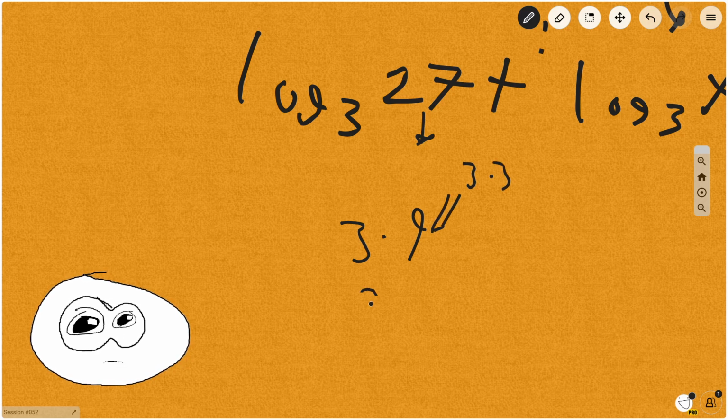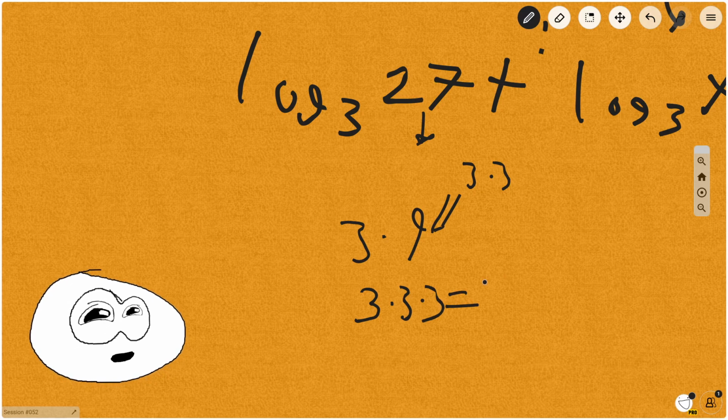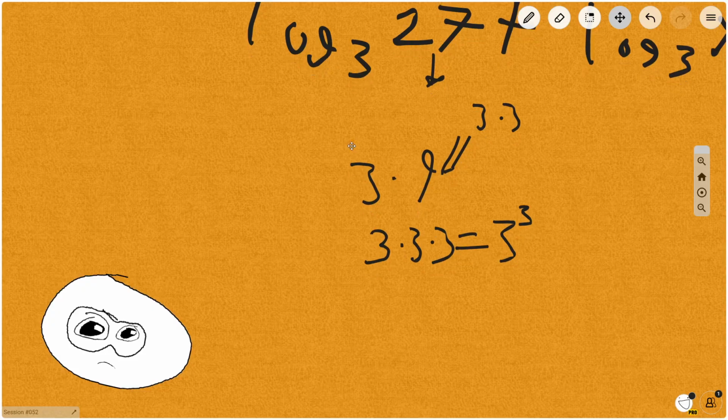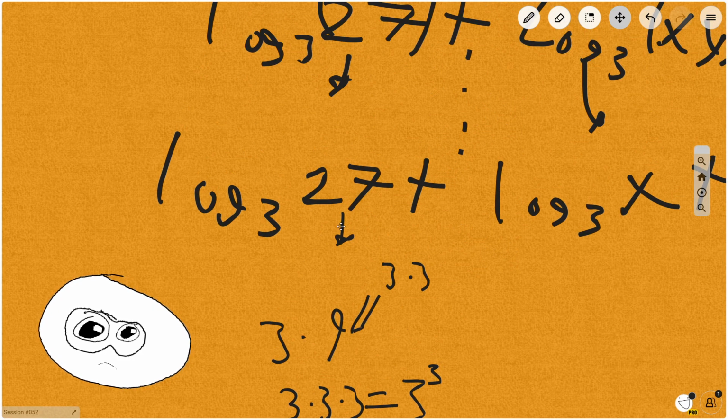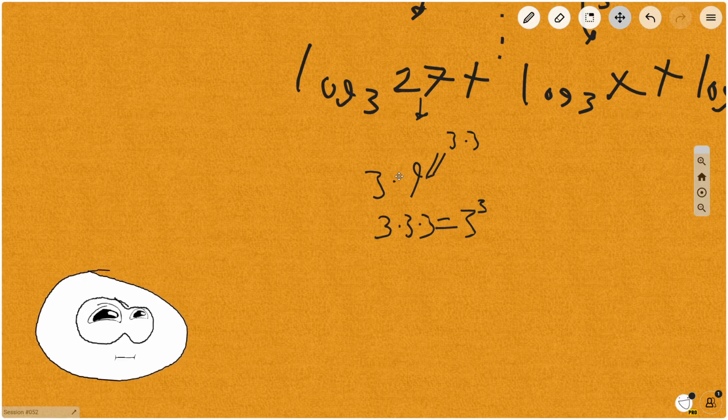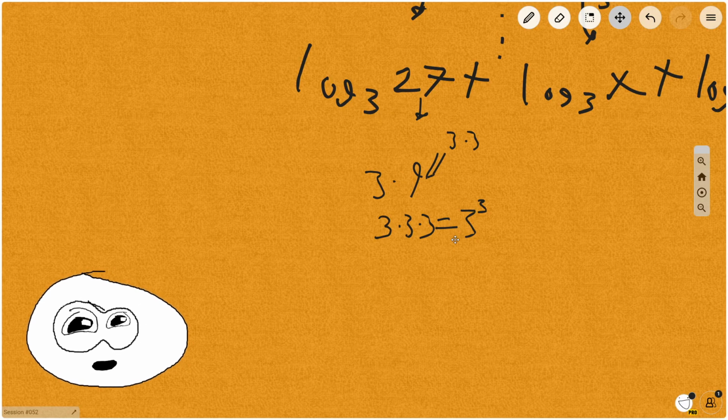So 27 is 3 times 3 times 3, which is also 3 to the power of 3. You might think this side is basically done, but because it has numbers, we can still make it even simpler.